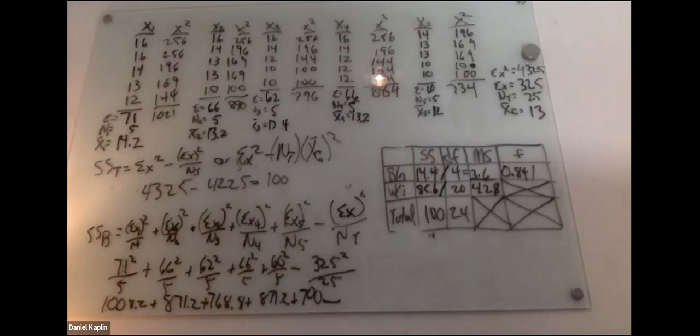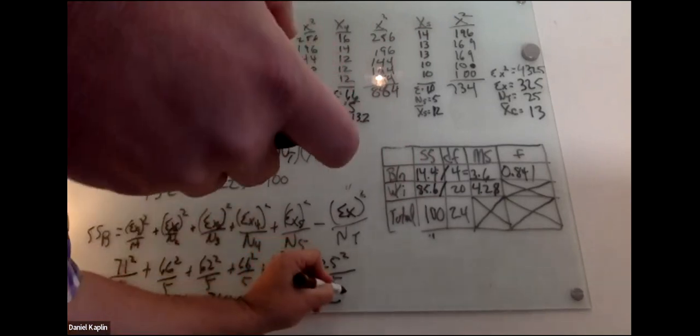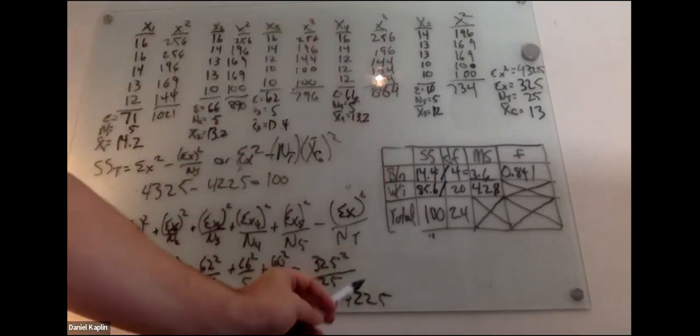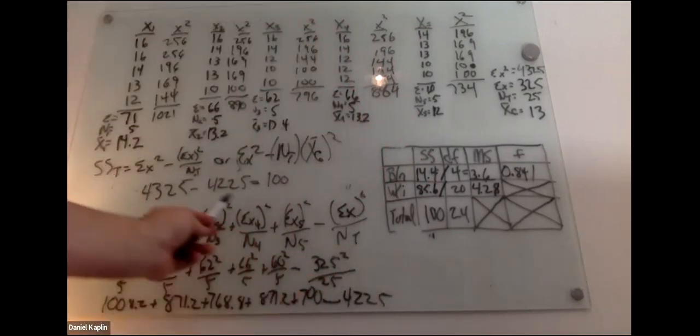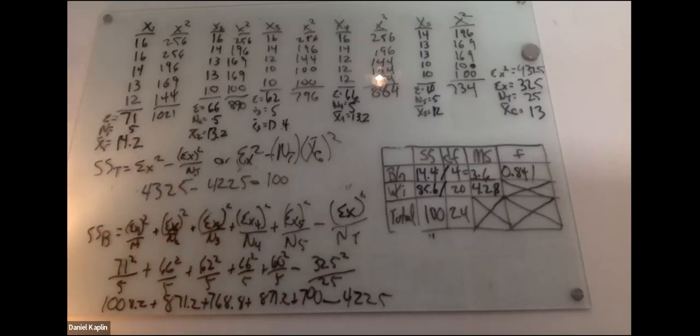And then we subtract that by 325 squared divided by 25. Now, hold on, let me just double check that again. 325 squared divided by 25 gives us minus 4225. Now, you should get used to seeing that 4225 because it was here as well, right?